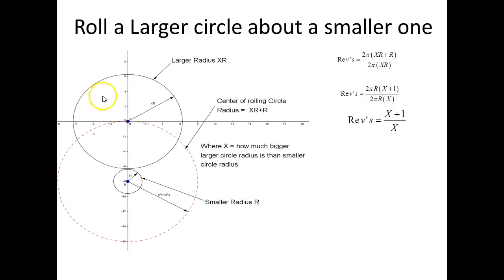So since the larger circle is revolving around the smaller circle, I divide by the circumference 2 pi times x times r. As I factor out r here, 2 pi times r cancels, and my revolutions is equal to x plus 1 divided by x, where x is how much bigger the larger circle radius is than the smaller circle radius.